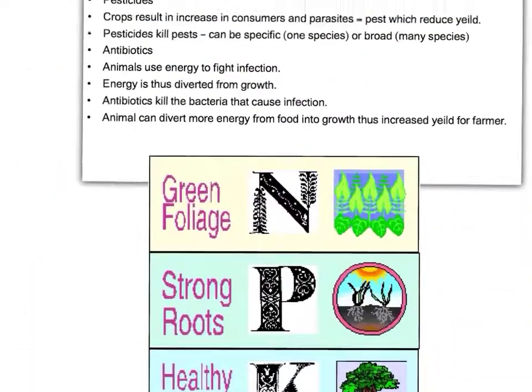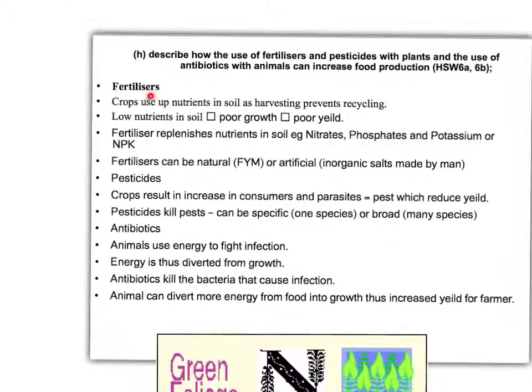So in summary, fertilizers, pesticides and antibiotics: you need to know a little bit about why we use each of them. I tend to think about it, going back to my original slide, as all to do with increasing the efficiency at which we convert, in this case, sunlight energy into food in producers. That's why we use fertilizers.